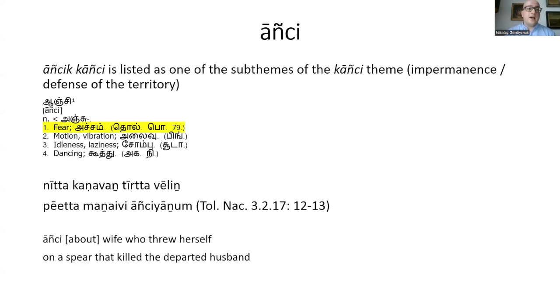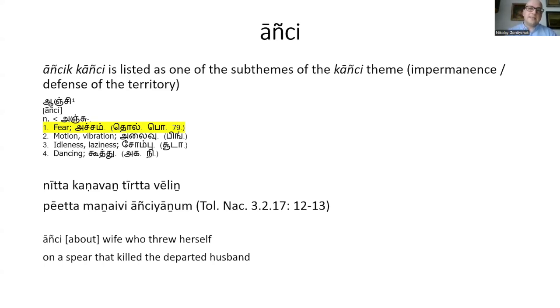According to the Tamil Lexicon, which is a standard dictionary of classical Tamil, Anji has four meanings. First of them is fear. Second is motion, vibration, idleness, laziness, and dancing. But please pay attention that the last three meanings are quoted from nighandus, pre-modern lexicographical tools, Pingalam, Chudamani, and Ahaaradi Nighandu. So they are not actually attested in texts.